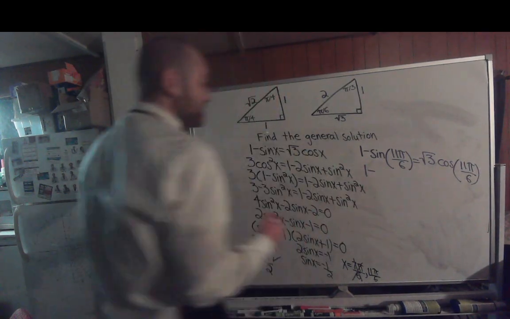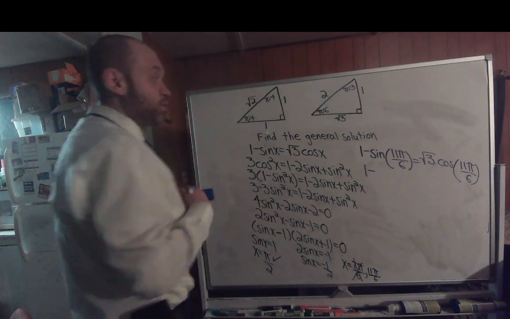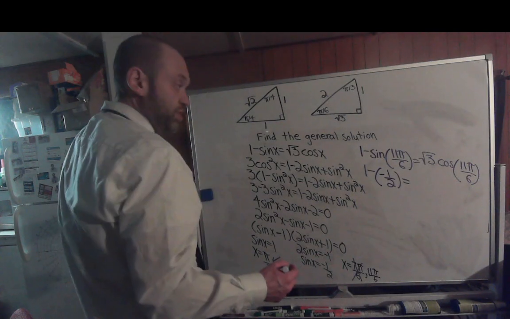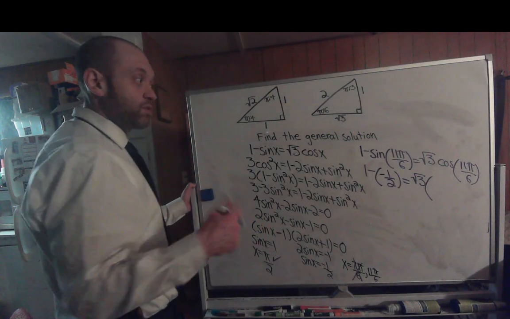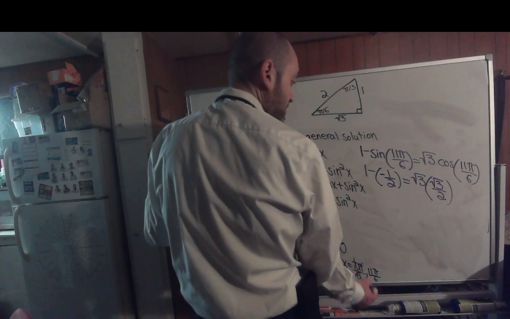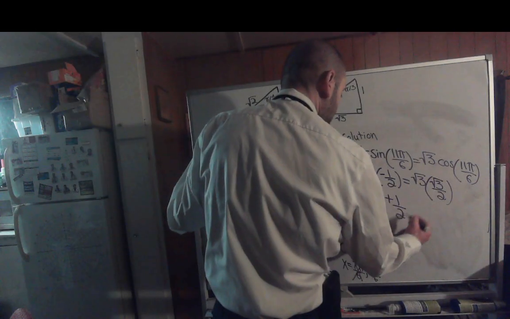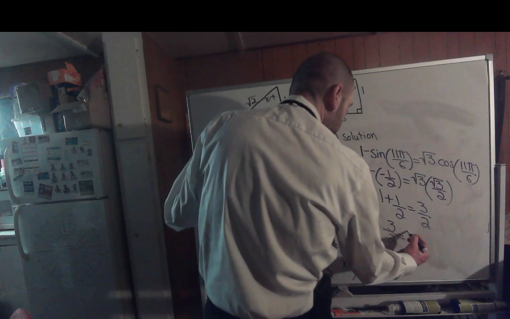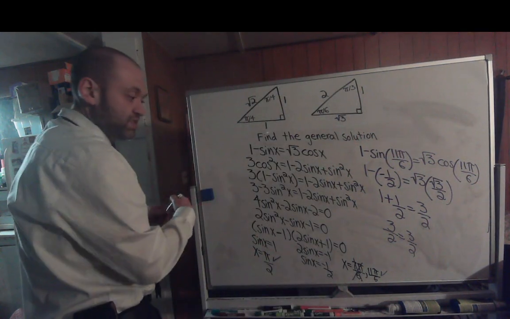Now the sine of 11 pi over 6, the sign's still negative in the fourth quadrant, so you would end up getting 1 minus negative 1/2, which would equal the square root of 3 times the cosine of 11 pi over 6. That's in the fourth quadrant, so it'll be positive, so times the square root of 3 over 2. This would turn into 1 plus 1/2, which would equal 3/2, and we know 3/2 equals 3/2. So 11 pi over 6 will hold, but 7 pi over 6 won't.